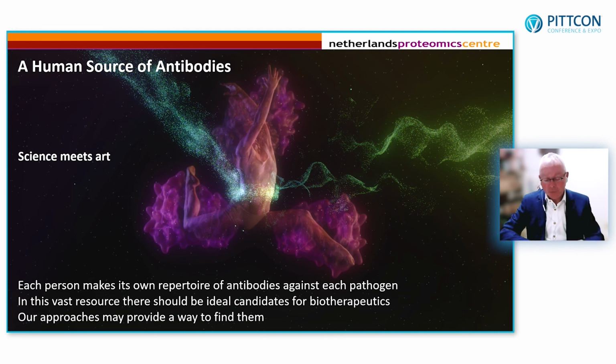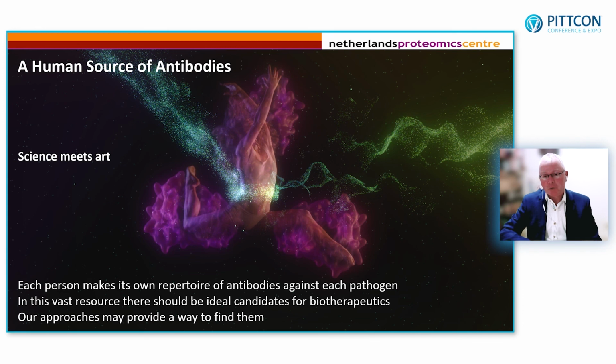Now, what we have been doing over the last half year is that we got in contact with animation artists, and we got in contact with dancers from a group in the Netherlands. And together we talked about our science and we talked about their art, and we decided to make a movie together. And this movie is all about antibodies, the human source of antibodies.